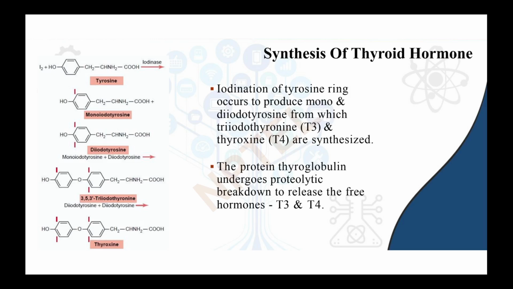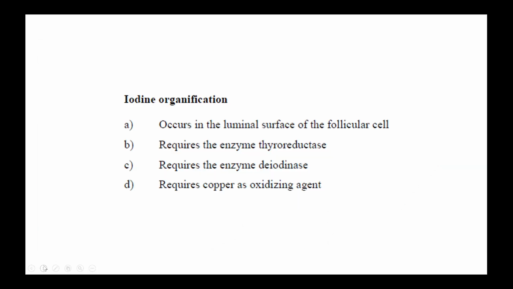And this protein thyroglobulin undergoes proteolytic breakdown to release these hormones T3 and T4, the thyroid hormones, triiodothyronine and thyroxine, that is tetraiodothyronine. Is this clear? Yes, ma'am. It's clear, ma'am. Okay.